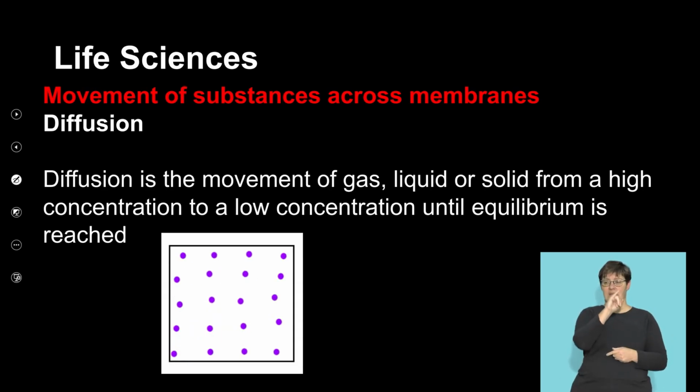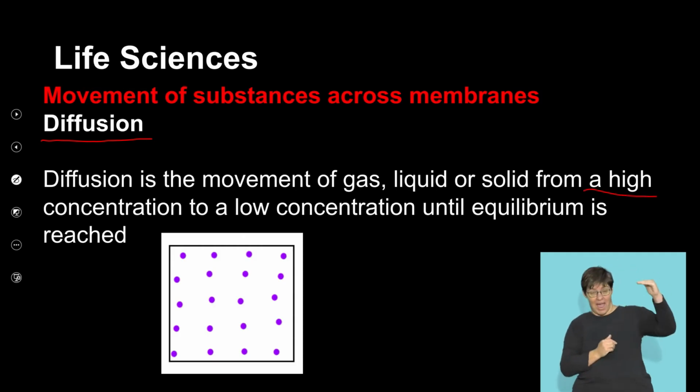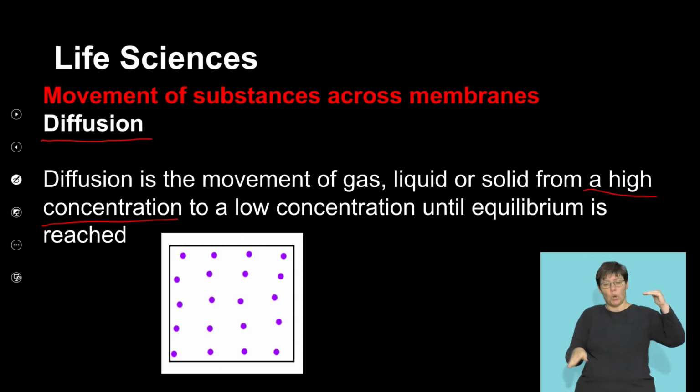And you'll see I have a little picture over there. What is diffusion? It is the movement of a gas, a liquid, or a solid, and it moves from a high concentration to a low concentration until equilibrium is reached.